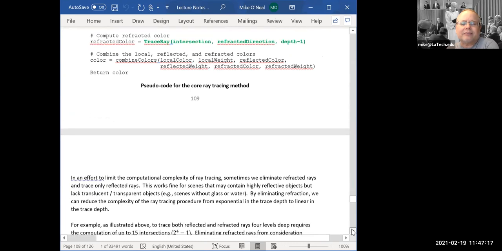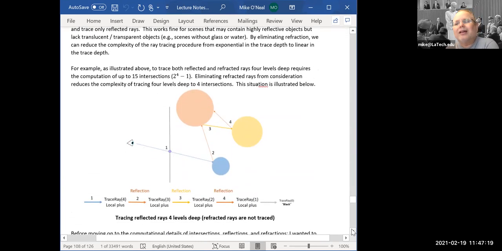Well, here's the trick. Most of the time, the coolest thing that we like out of ray tracing are all those little mirrors, right? If you have a scene that doesn't have glass in it, or doesn't have water that you really want to truly ray trace, then don't do the refracted ray, just do the reflected ray.